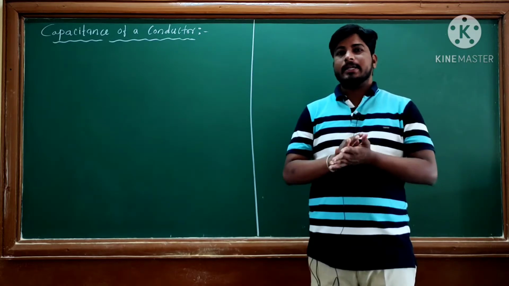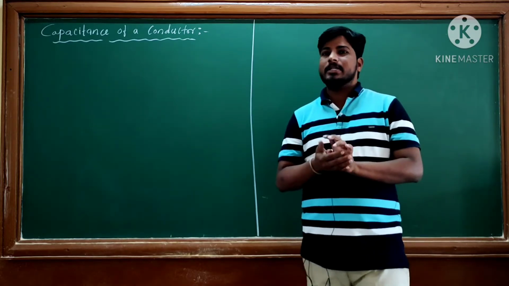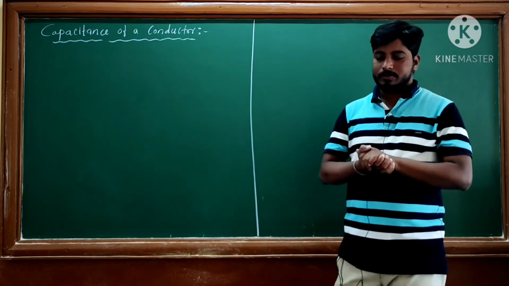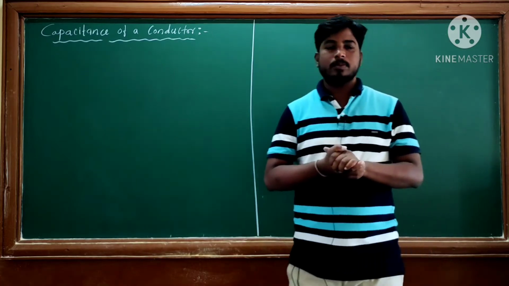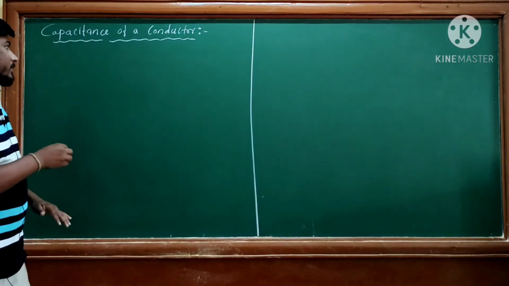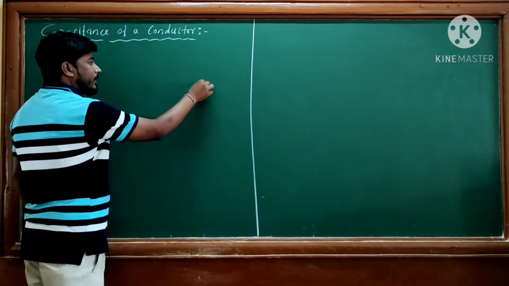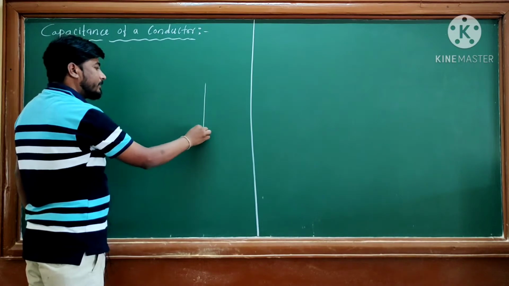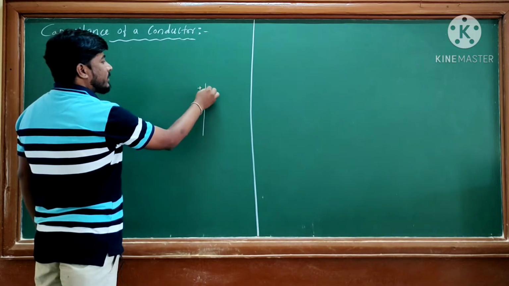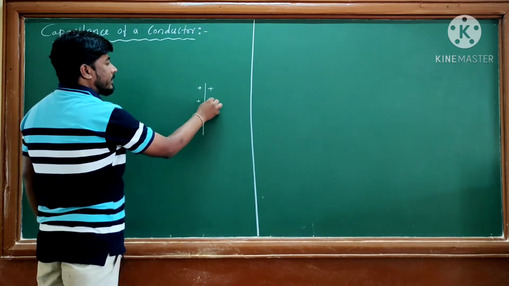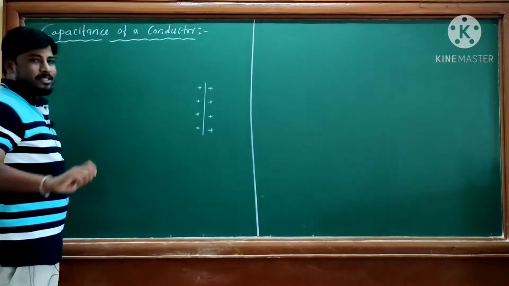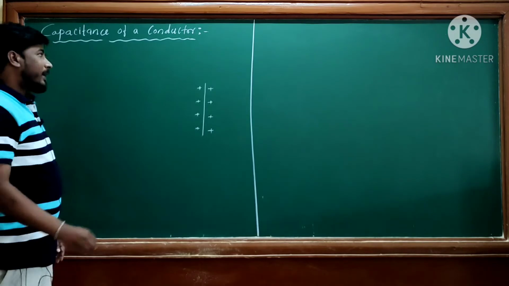As the name indicates, capacitance means it is the capacity of that conductor. We know that when a charge is given to the conductor, we suppose that there is one conductor, and if I add charges to this conductor, then its potential increases.